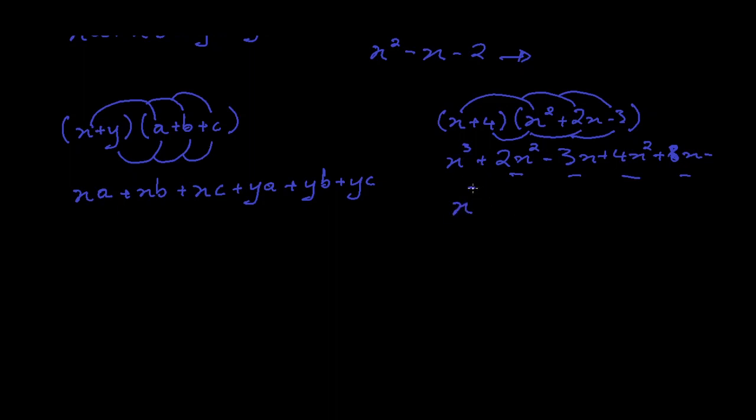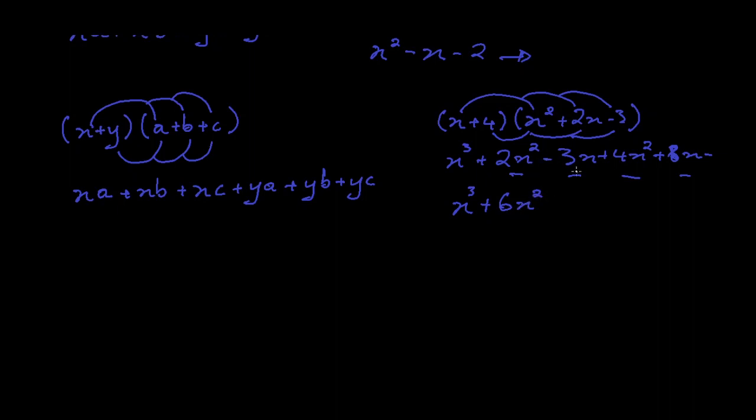It's gonna be x cubed. Then we're gonna take the positive 2x squared and add it to the positive 4x squared, which will bring us to a positive 6x squared.